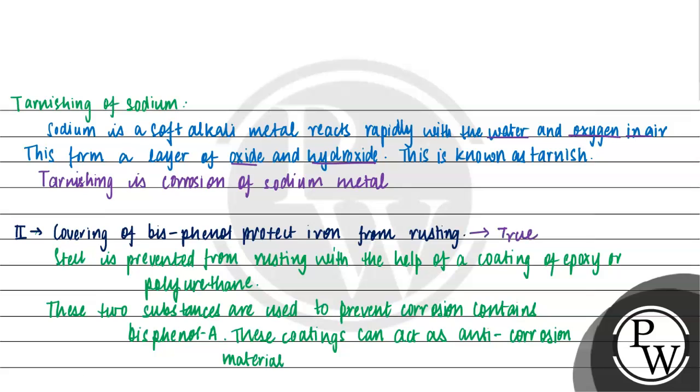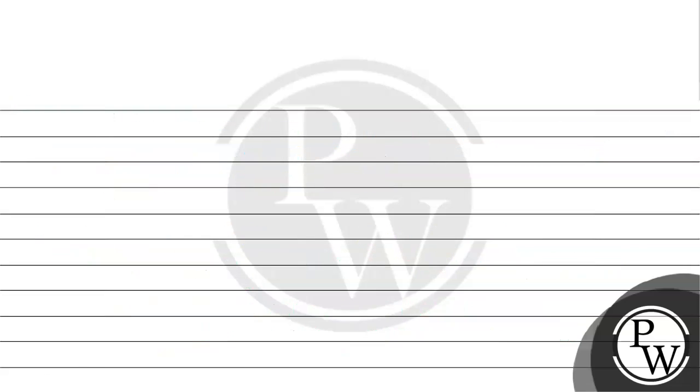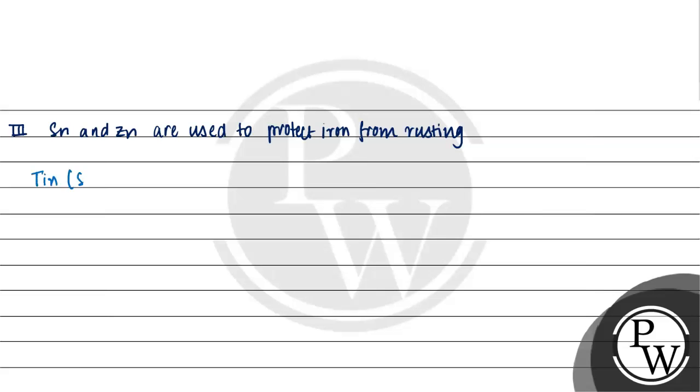Now if we look at the third statement हमें दे रखी है: tin and zinc are used to protect iron from rusting. Now if we talk about tin, we know that tin is less reactive than iron.